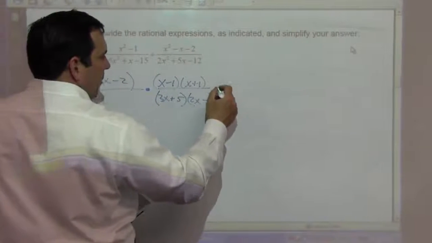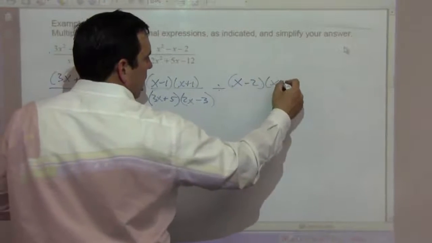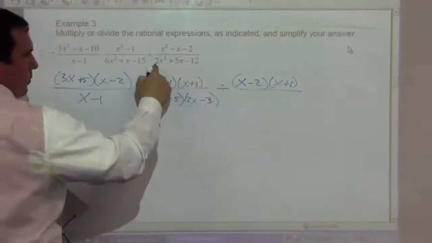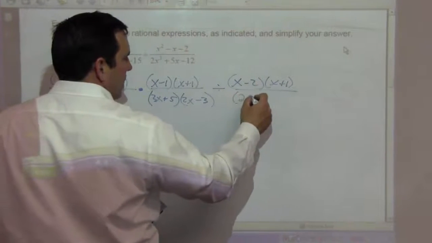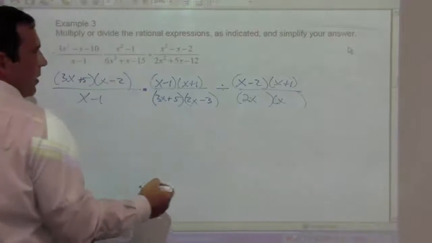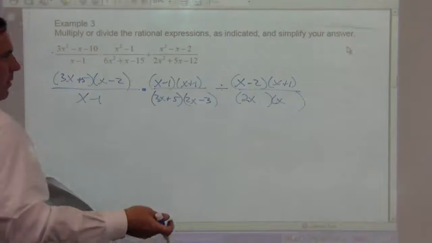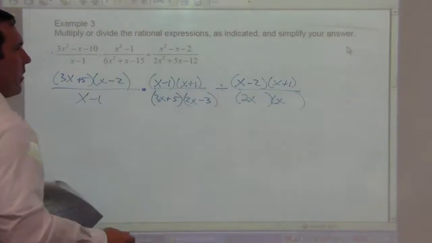And then we'll be dividing by x minus 2 times x plus 1 over 2x squared plus 5x minus 12, which factors to be 2x and then we'll have an x. Got to work through this one. Negative 12, let's see. The middle term is 5x.